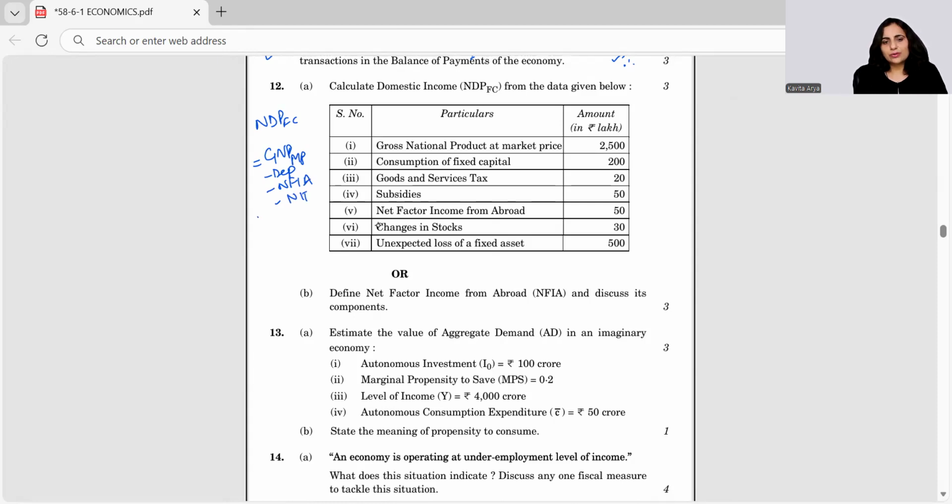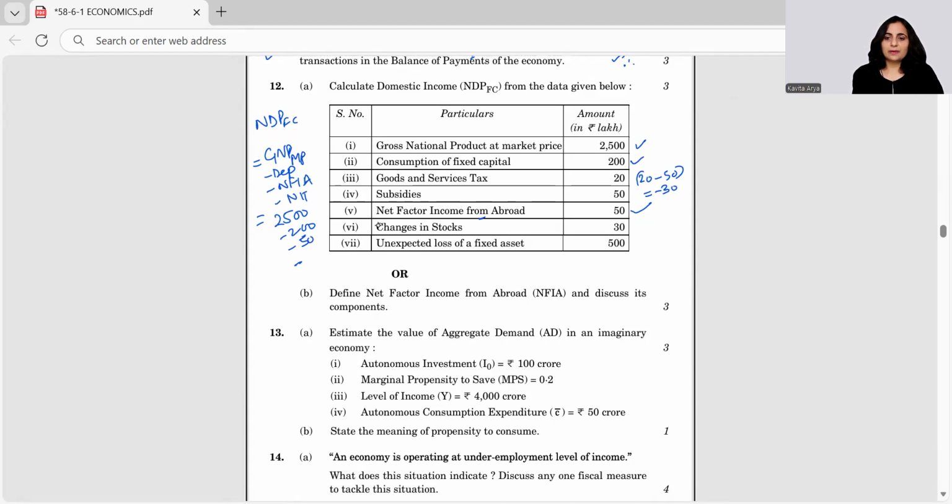Okay, so let's do 2500 is this component. Depreciation is consumption of fixed capital, that is 200. We have taken it up here. NFIA, net factor income from abroad, is given, so we will write minus 50. Had it been to abroad, we would have changed the sign. And then NIT. NIT is IT minus subsidies. IT is 20. Subsidies are 50. So NIT becomes minus 30.